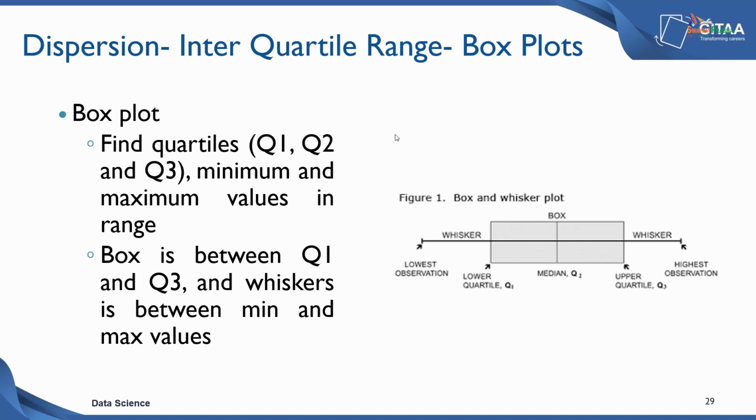You have the minimum data value, the maximum data value, the 25th percent, the 50th percent and the 75th percent data value. The middle 50%, between the 25% and 75% data values, lies inside the box, and you have the whiskers, which are the distance from the 25th percentile to the lowest observation and from the 75th percentile to the highest observation.